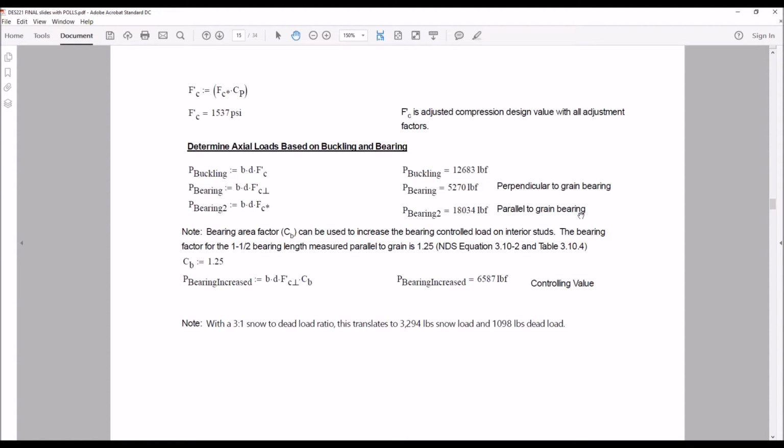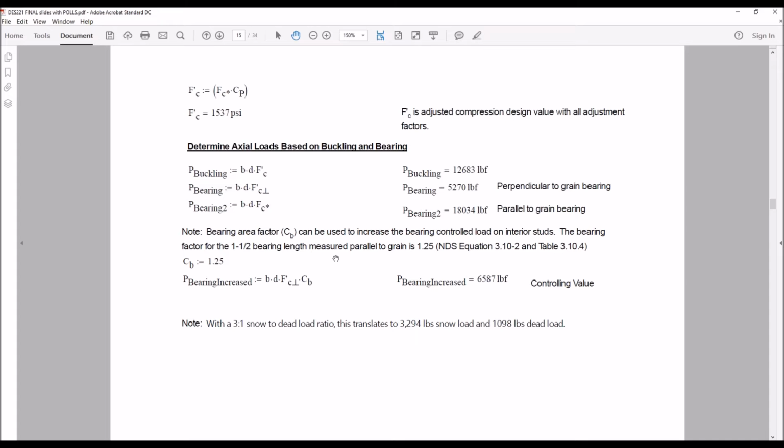And then we have a parallel to grain bearing value where we use F sub C star times the area, and that gives us a bearing capacity of 18,034 pounds. So in this case, we see that we are limited by this perpendicular to grain bearing, and it's limited to 5,270 pounds.